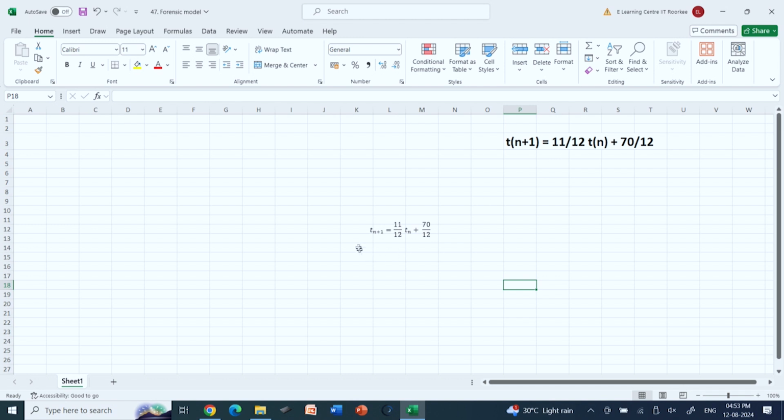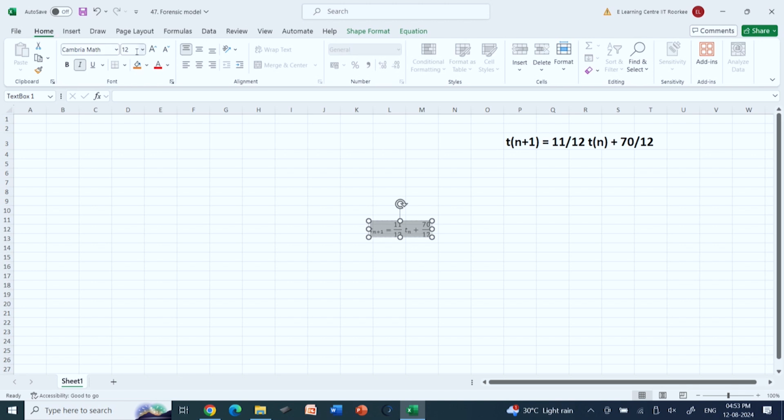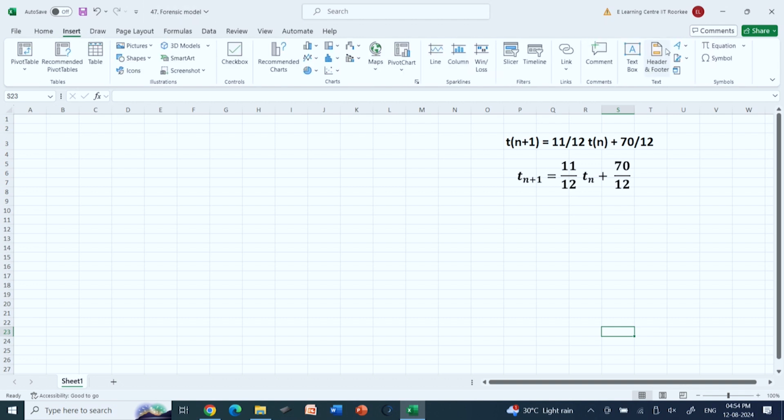So, basically this is the equation written in mathematical form. If you want to increase the font size, I can make it 20 and bold, and I can put it here. So, the same equation in the mathematical form by going to Insert and clicking this Equation.